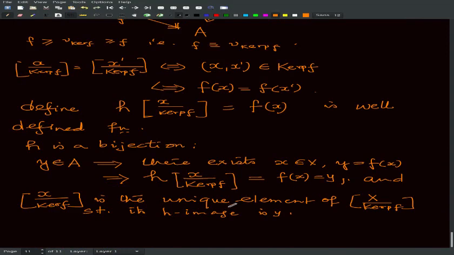So what you have done is taken any element of A, and for that element you have found a unique element of this factor set of X by the kernel pair of F, whose H image is that y. So therefore this is a bijection.